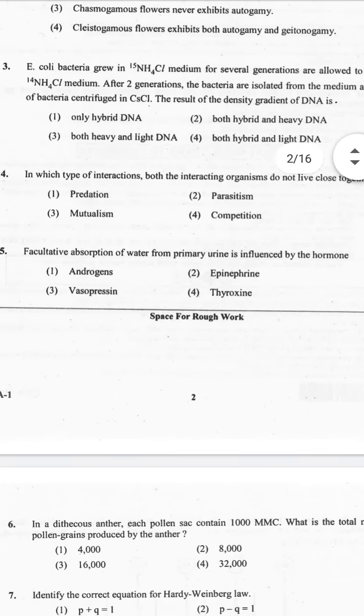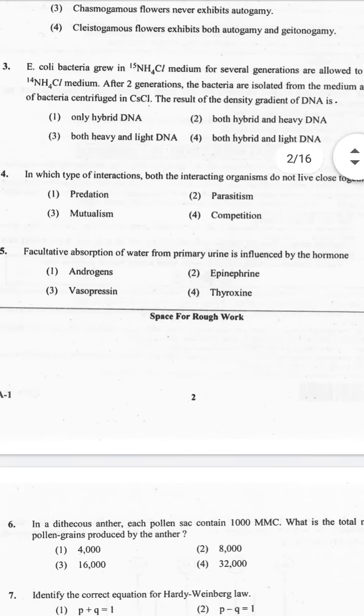Let's see the solution for that. Meselson and Stahl showed the semi-conservative mechanism of DNA replication. They grew E. coli cells initially in a medium containing ammonium chloride prepared with heavy nitrogen N15 to label all cellular DNA. Then cells were transferred to a medium containing the normal light isotope N14.